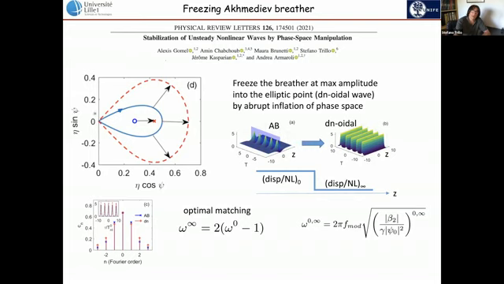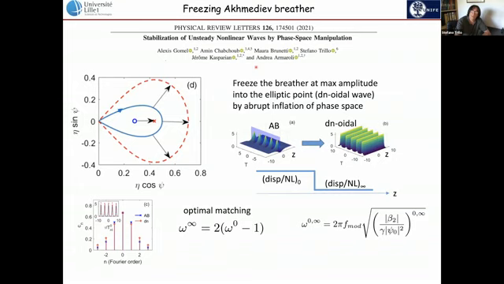So you essentially switch from the blue separatrix to the red one, and the elliptic point, which is in between here, switches here. Ideally, you would have it switched exactly to this point. If you can do that, then you can freeze the breather exactly on an elliptic point.